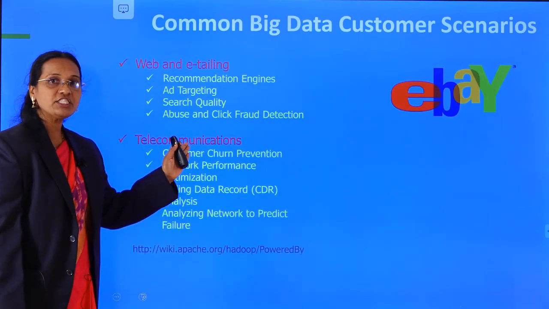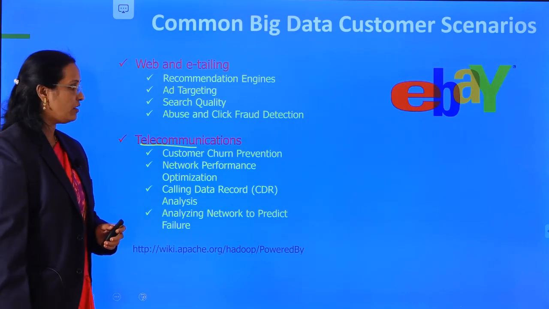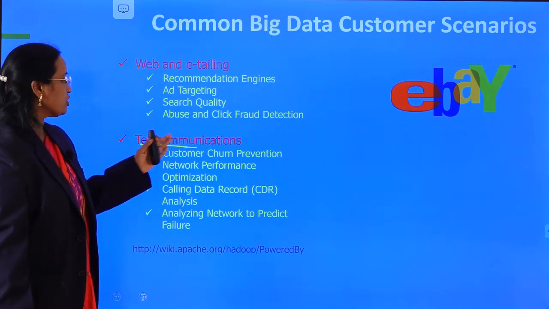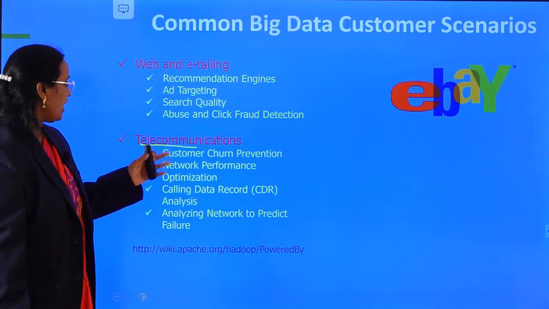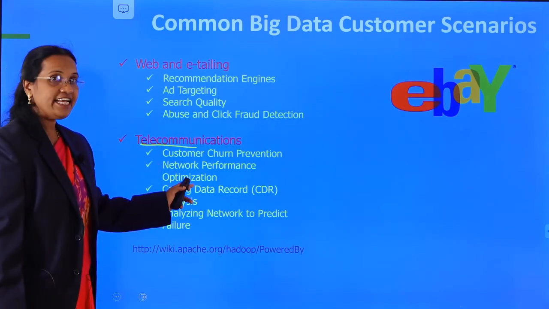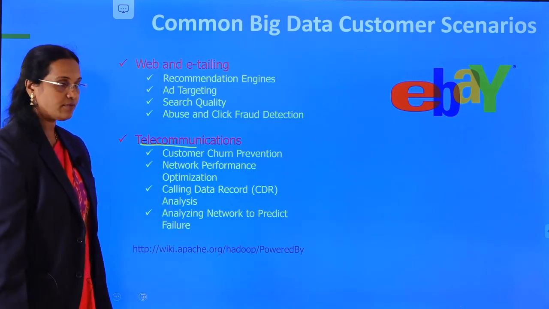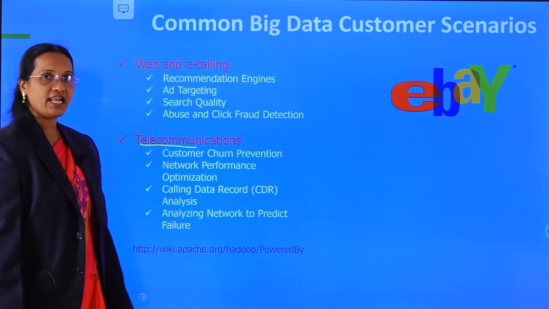Even telecommunication is generating a large amount of big data, such as customer churn prevention, network performance and optimization, CDR analysis, and analyzing the network to predict failures. Let us take the example of CDR analysis.